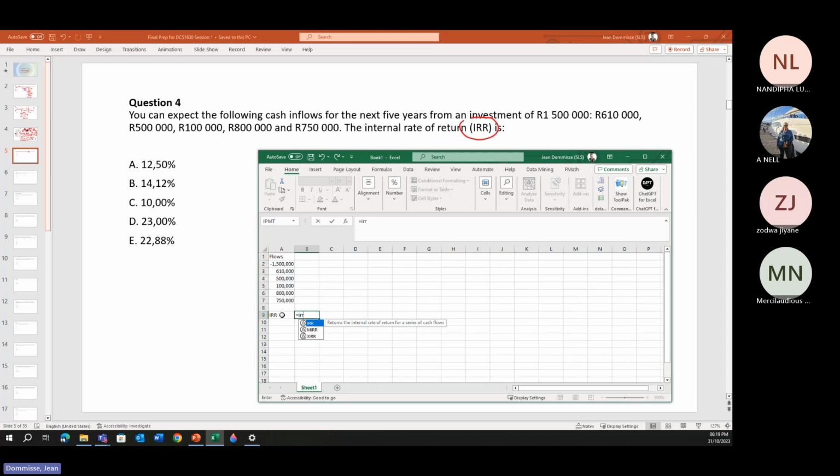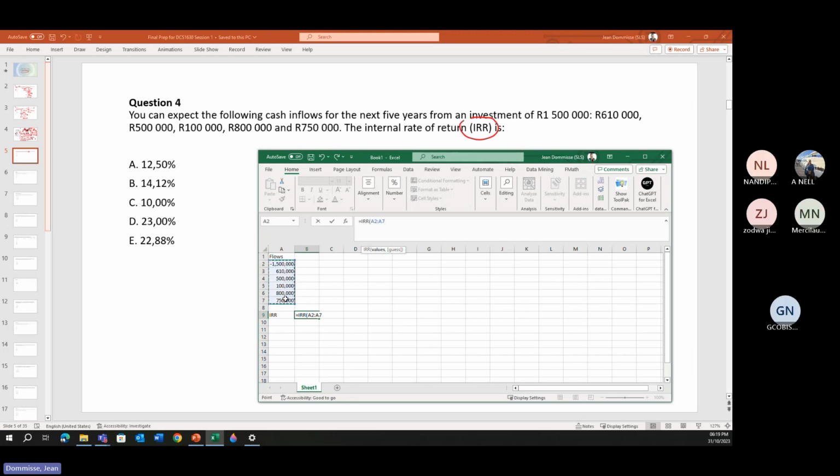You can see there's a nice one that later on we might need to use as well, MIRR. So for now, internal rate of return, all that we put in is the numbers, and then we will get the answer.